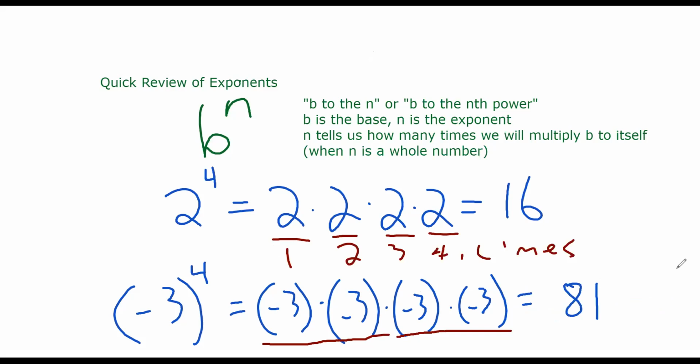Positive 81. So we end up with a positive number. So if you take a negative number, but you raise it to an even power, 2, 4, 6, 8, 10, 12, etc., you're going to end up with a positive number.